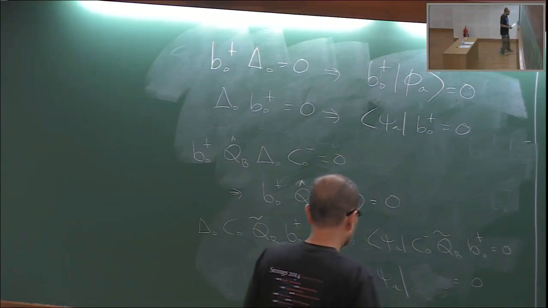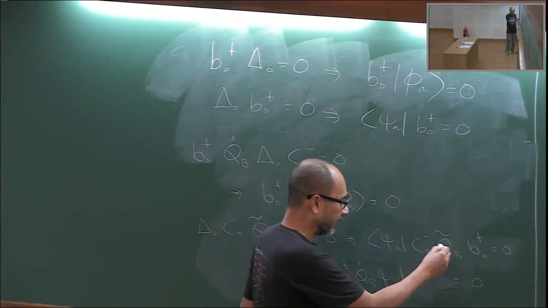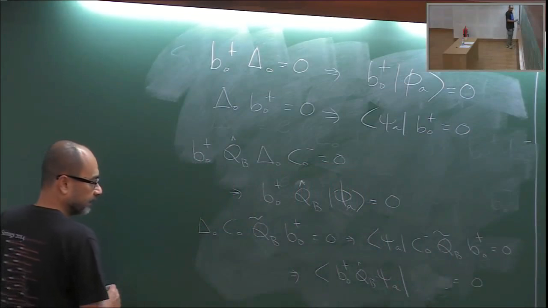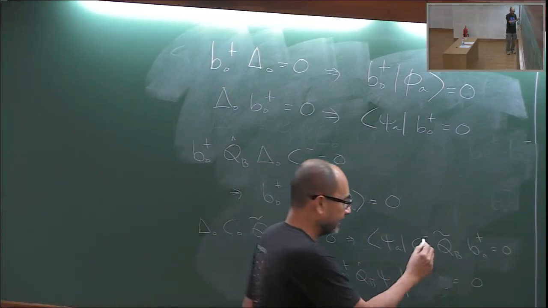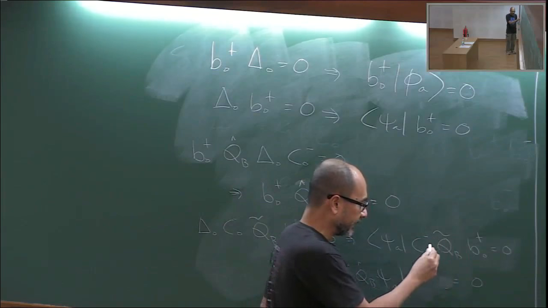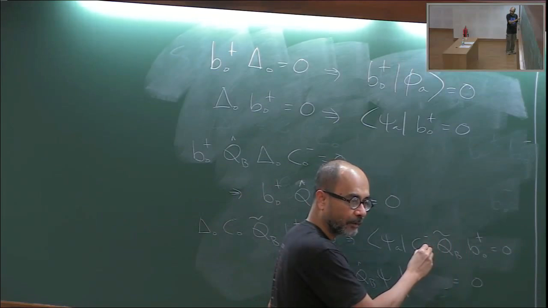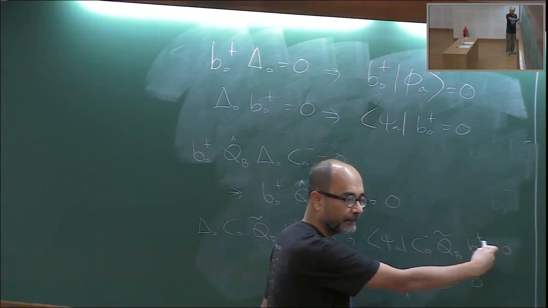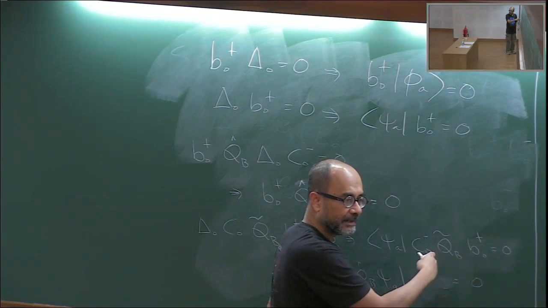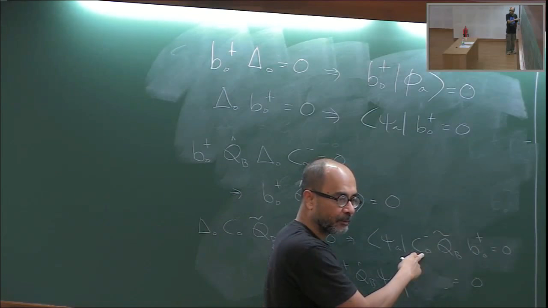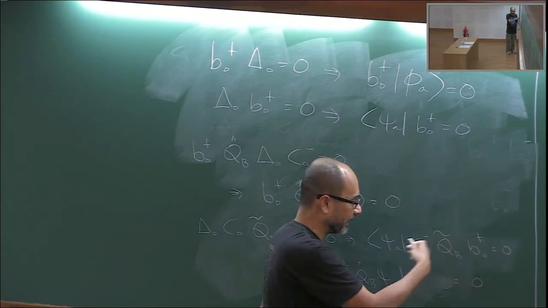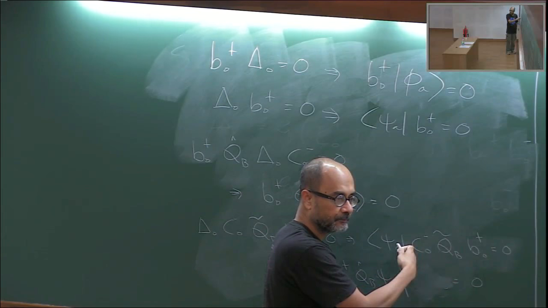In the process of passing, if you pick up any anti-commutator from C0 minus, that doesn't have any C0 mode. So once you apply B0 minus, if you pick up any anti-commutator from C0 minus, that cannot protect you from getting annihilated by B0 minus.